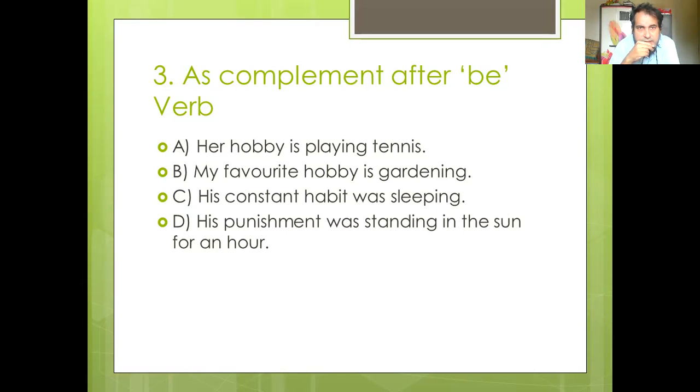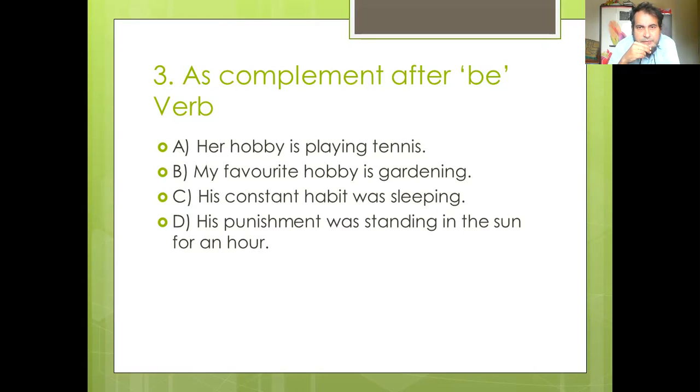Example C, here you see his constant habit was sleeping. What was his habit? Was sleeping. Sleeping is the complement, and it is used after a be verb, and ing is completely used as a noun.